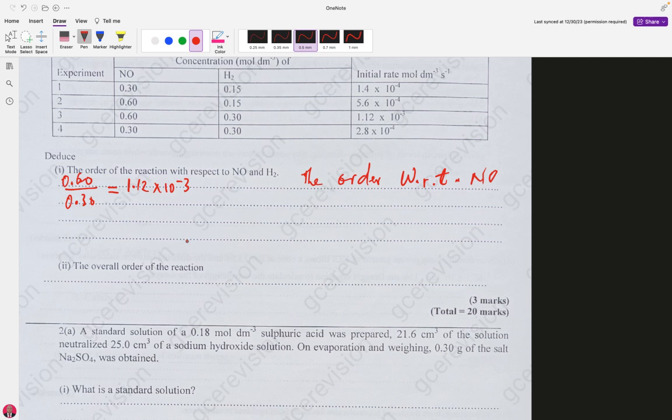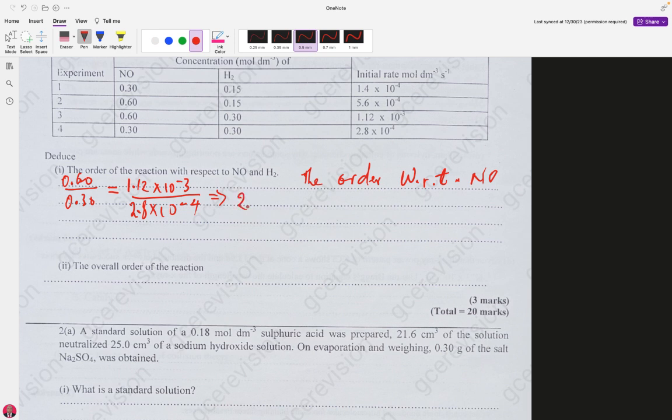mole per dm cubed. Just take it like that. Divided by 2.8 times 10 to the minus 4. What do we do here? The decimal point can cancel, so we can go up to the level of 2.